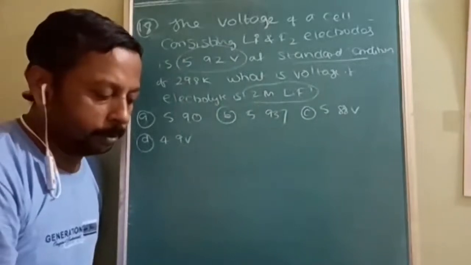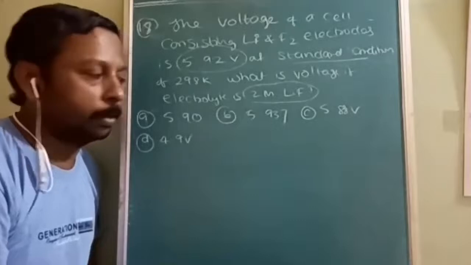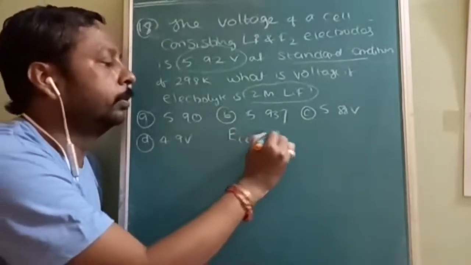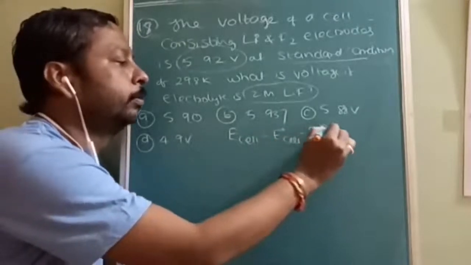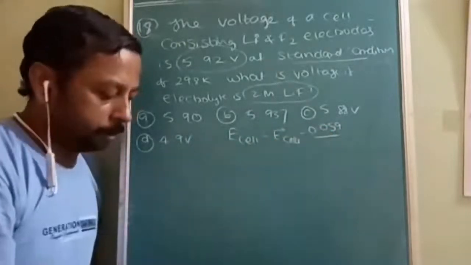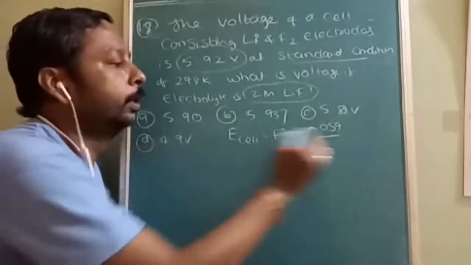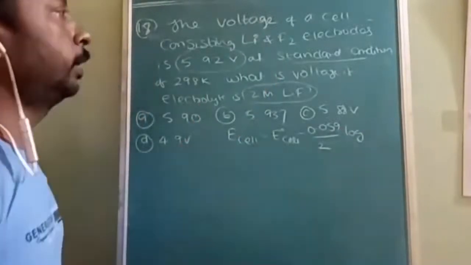You can try, very simple question. What is the formula you will use? E cell is equal to E naught cell minus 0.059 upon 2, log of product upon reactant. Here LiF is the product, and these two are reactants only.